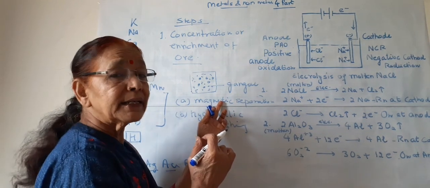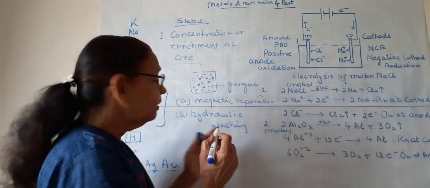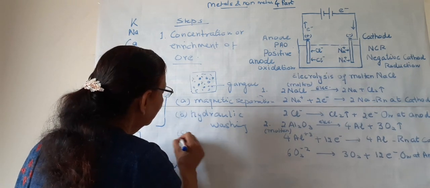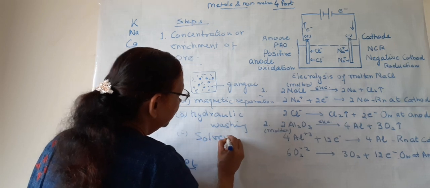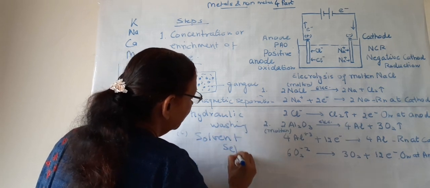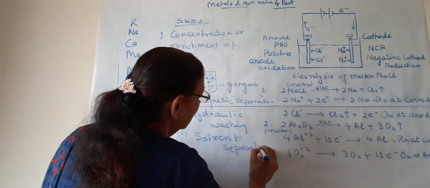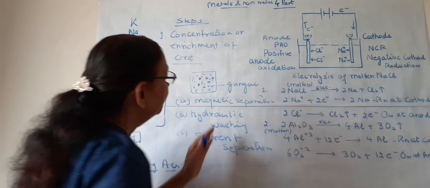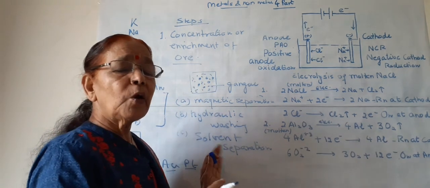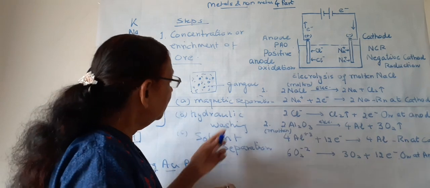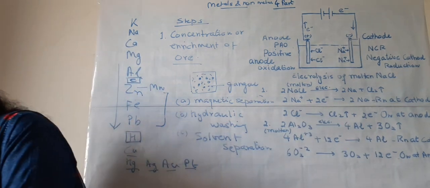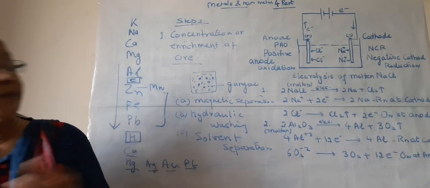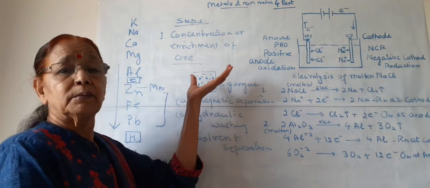So one is magnetic separation, then hydraulic washing, and third may be solvent separation. In solvent separation, if some impurities are dissolved in a particular type of solvent, these impurities are removed from this ore.